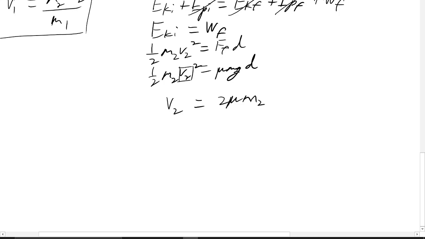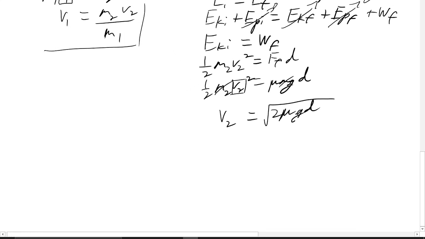So m2 gd over, oh, sorry, we can just cancel out the m2's. Mu gd over 1 half, and square rooted. So v2 is the square root of 2 mu gd.